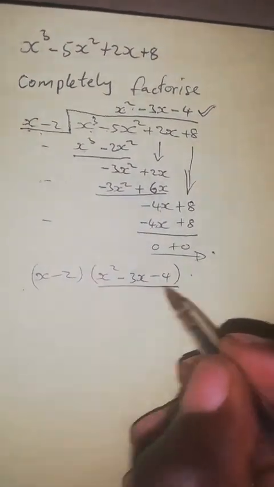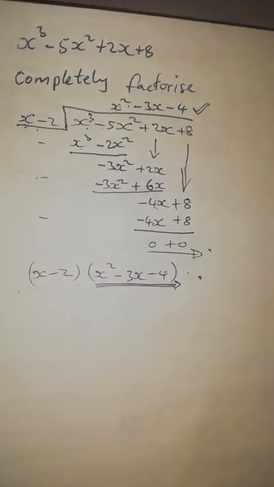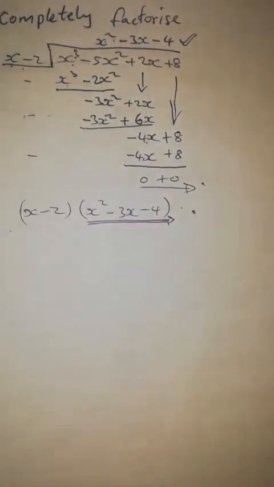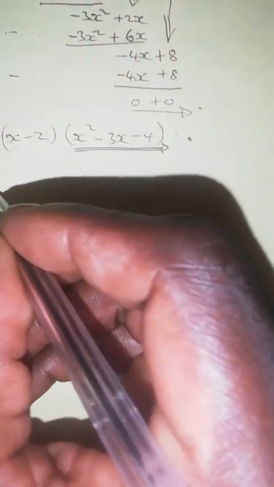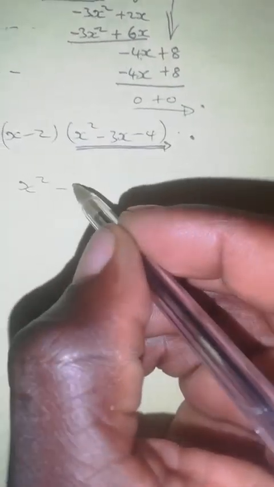So we should further factorize this one, guys. Now we are going back to form 3, to O level stuff. So let us further factorize this one. It's x squared minus 3x minus 4.